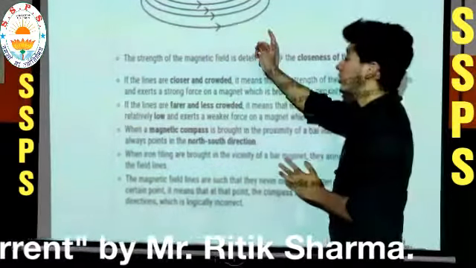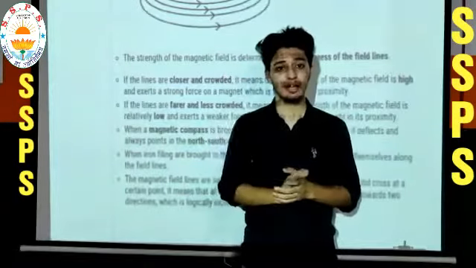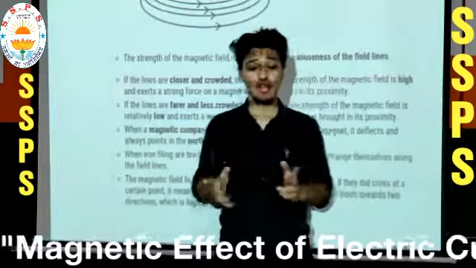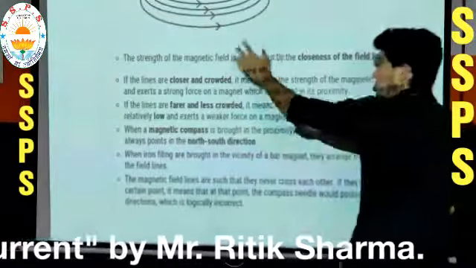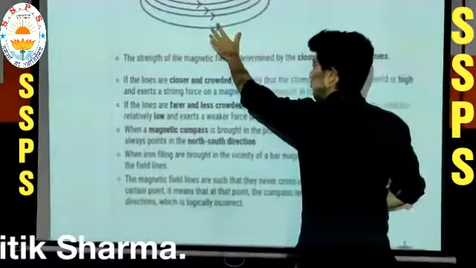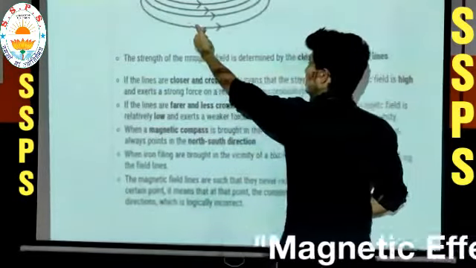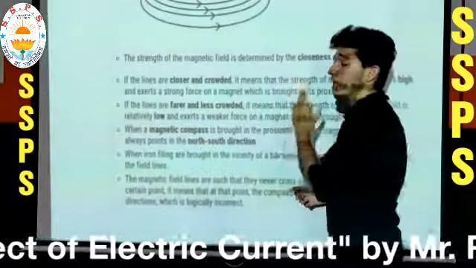And if a magnetic compass is brought near a magnet, it always points in the direction of the magnetic field lines. That means if we bring a magnetic compass here, the needle of the compass will point in the direction of the magnetic field line.